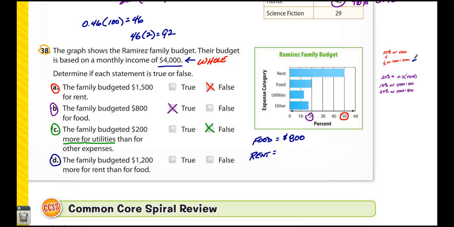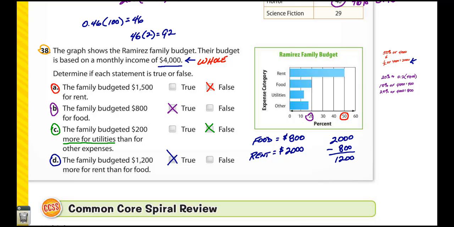If you look up at what I made small right there, was $2,000. And they're saying they budgeted $1,200 more, and that's correct, because if you take the $2,000 and you subtract the $800, you get $1,200. That is true.